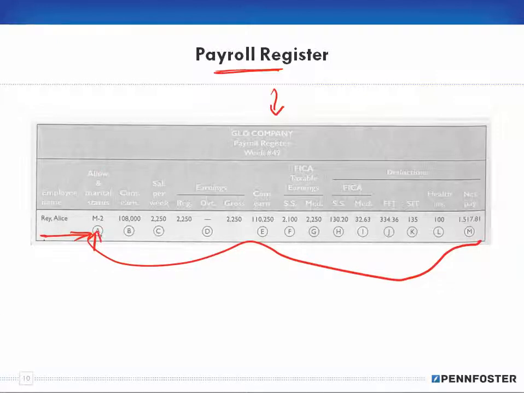Like, for example, here for A, it's telling you that the allowances and marital status, that person is married and has 2 allowances. Okay, the cumulative earnings for the whole year, that's your year to date of 108,000. This person gets a salary per week of $22.50. So that's what all of these are for, and you can read about those in your textbook.